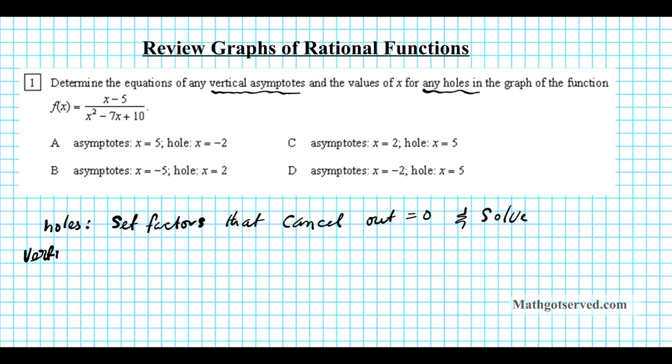How do you find the vertical asymptote? To find the vertical asymptote, you're going to set denominator factors that do not cancel out.